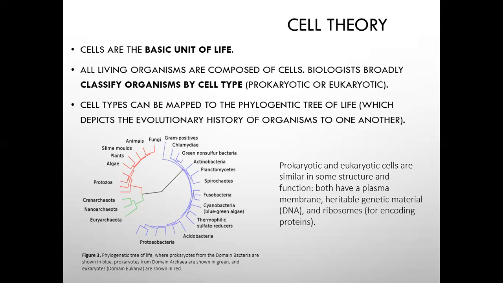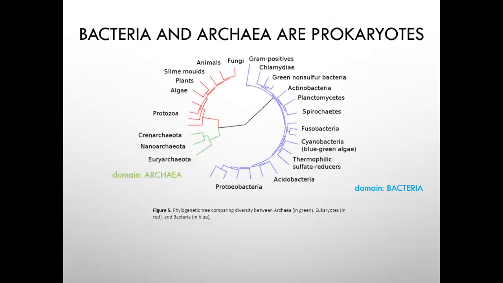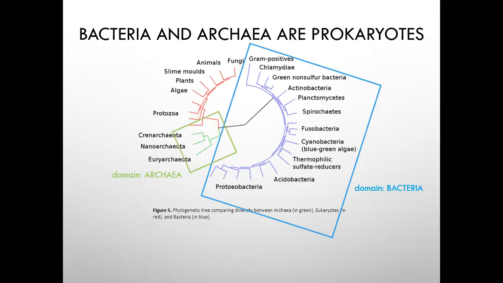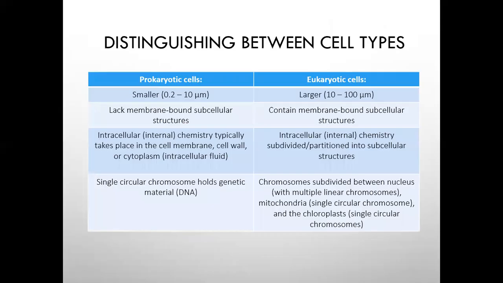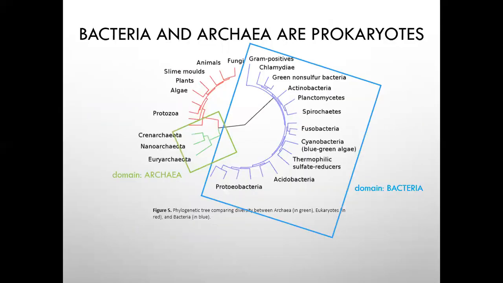All right, we have our tree of life here. We can see that bacteria and archaea are our only prokaryotes. So the domain Archaea and the domain Bacteria, if you think back to last week's levels of biological classification, we're way up there. Those two domains make up our prokaryotes, and everything else, like our fungi, animals, plants, algae, and protists, is going to be eukaryotic.